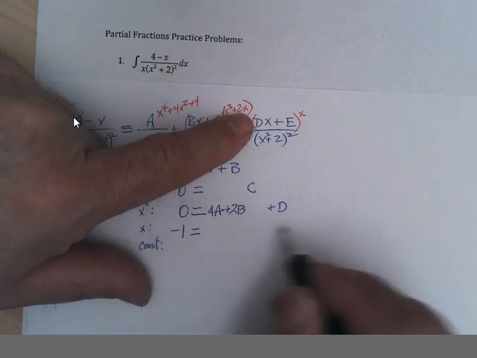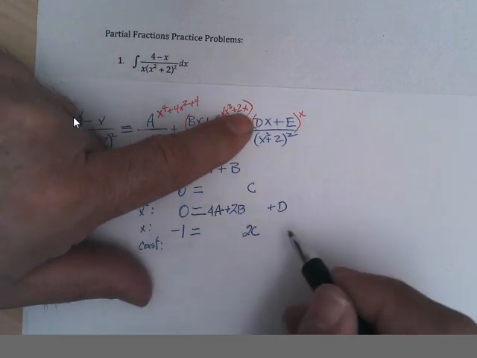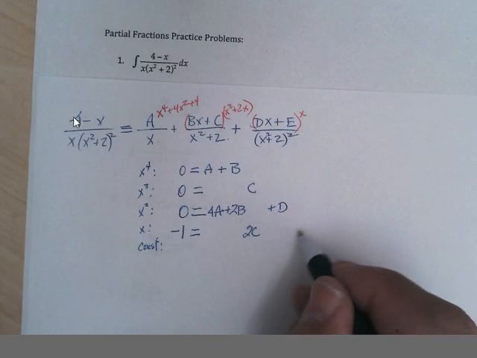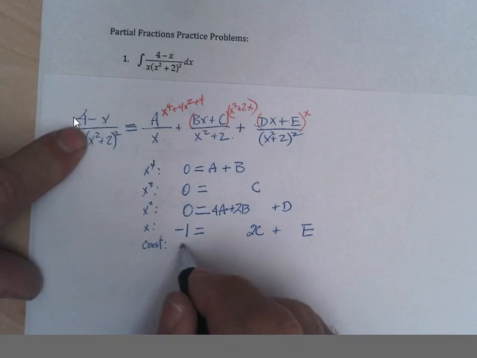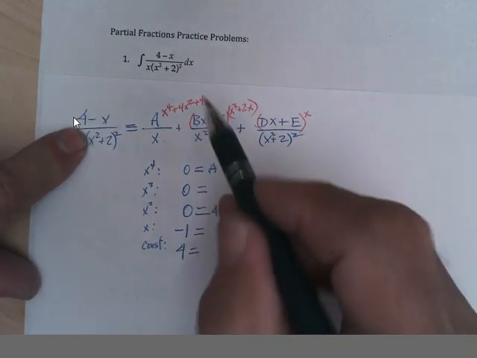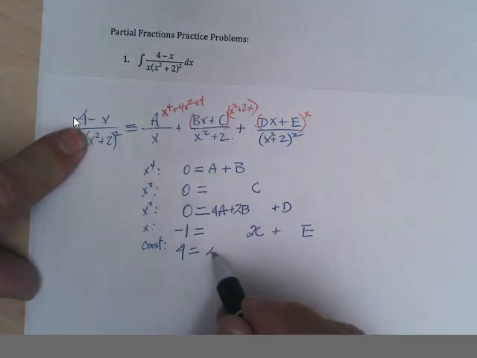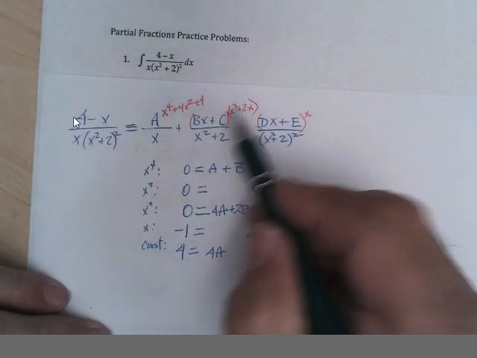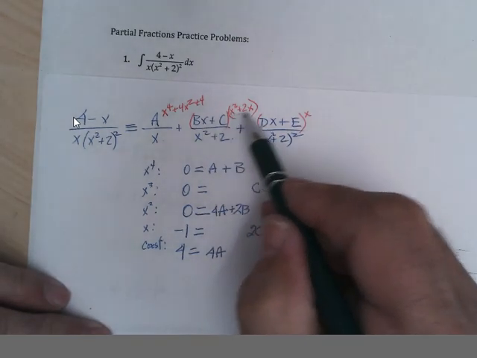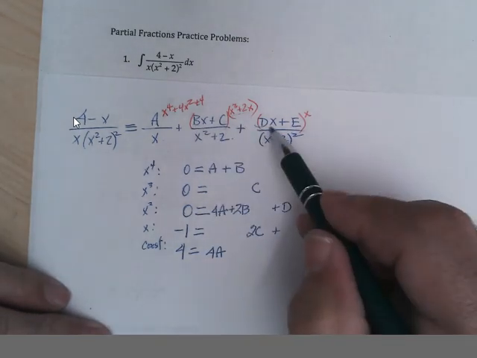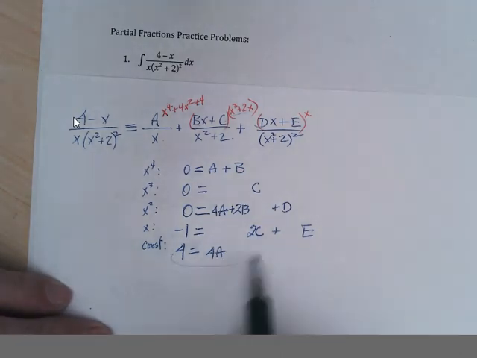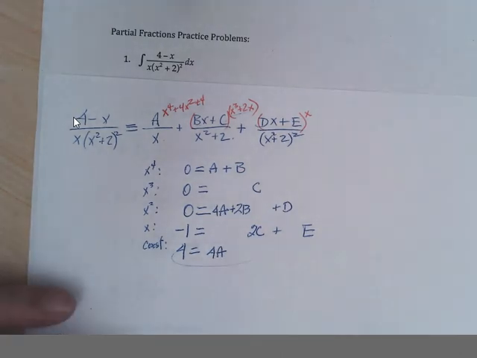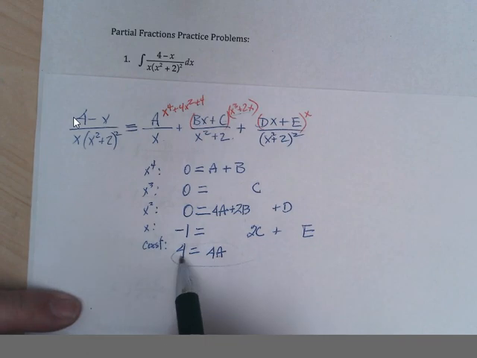C times 2, 2C, and E. And the constant, 4, I got 4A, no constants here, and here, since they're times x, there's no constants there. So without doing any matrices here, I see A has to be 1.